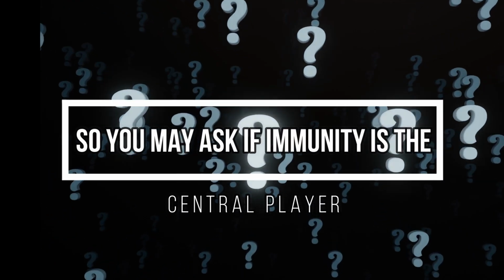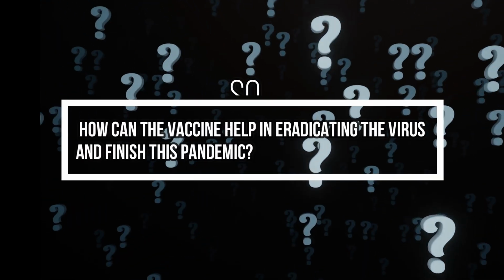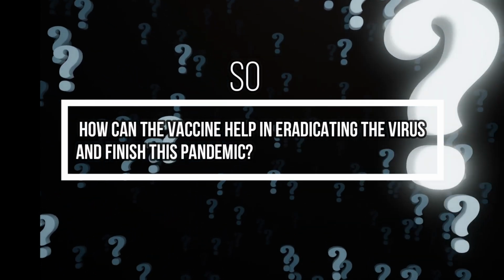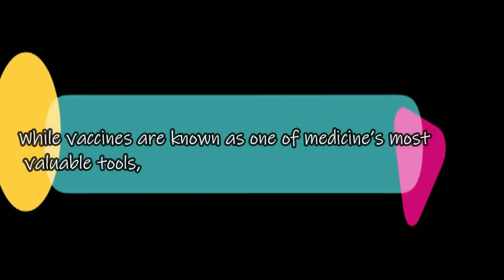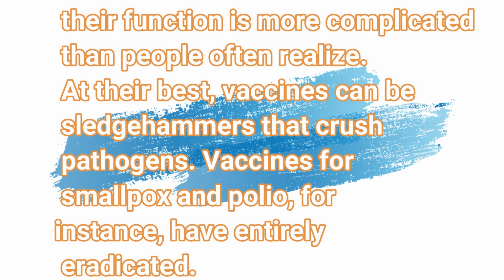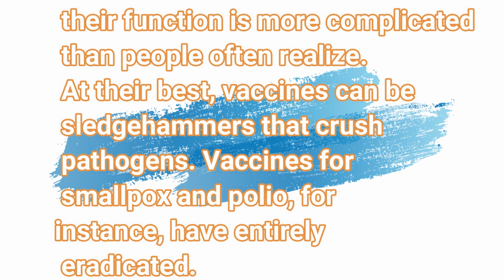So, you may ask, if immunity is a central player, how can the vaccine help in eradicating the virus and finish this pandemic? While vaccines are known as one of medicine's most valuable tools, their function is more complicated than people often realize. At their best, vaccines can be sledgehammers that crush pathogens.